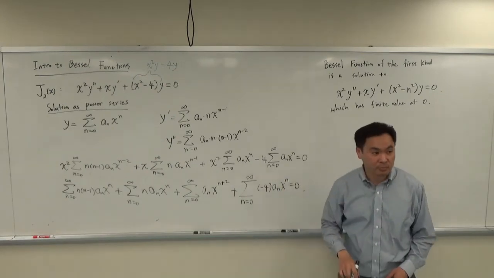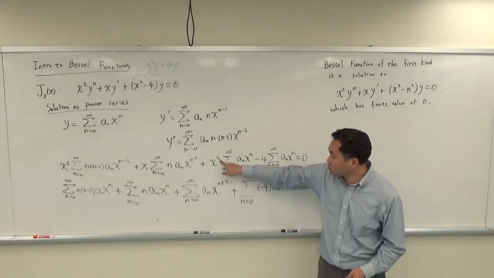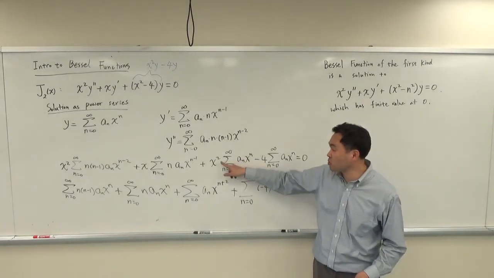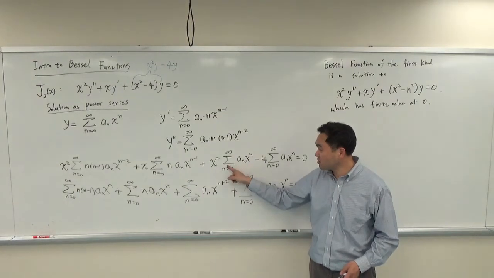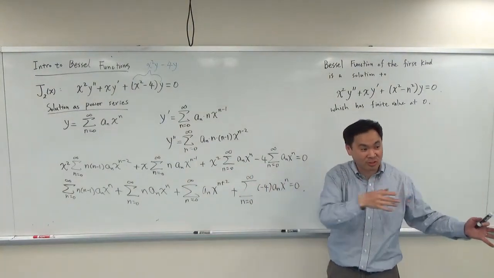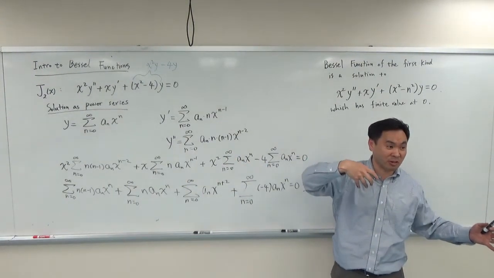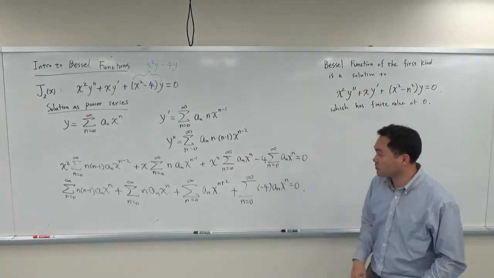Wait, how did you get the x to the n plus 2? There's x squared and the x to the n. Oh, I'm distributing. Sigma is really a gigantic summation, right? And something outside can be brought inside, right? So that's what you have, okay?